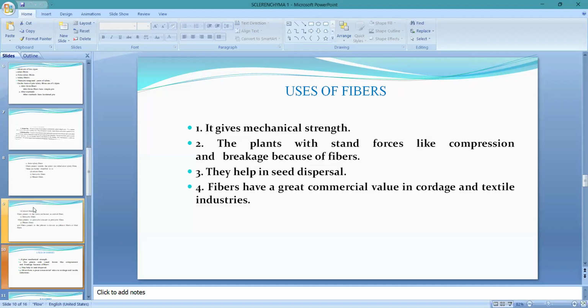These fibers are very long and are used for making various types of cordages, ropes, textiles, and also for paper making. This is very important, please note it down. The cell wall contains little amount of lignin only. So hemp example Cannabis, jute example Corchorus, flax example Linum.